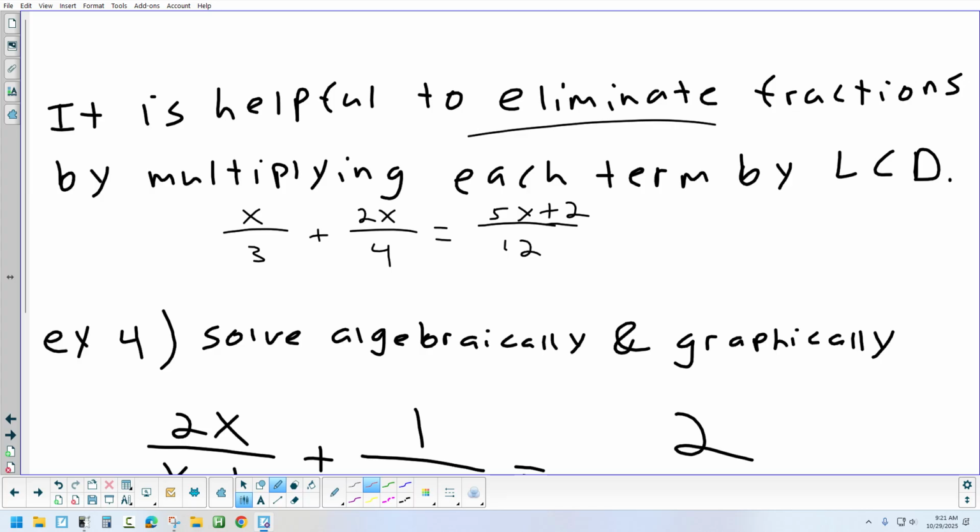Yep. The least common denominator is 12, so you can do 3 times 4, 4 times 3. So you'd multiply everything by what number?